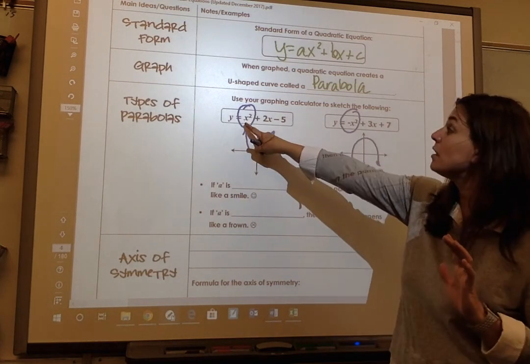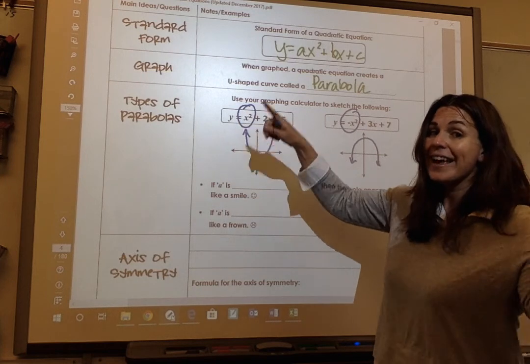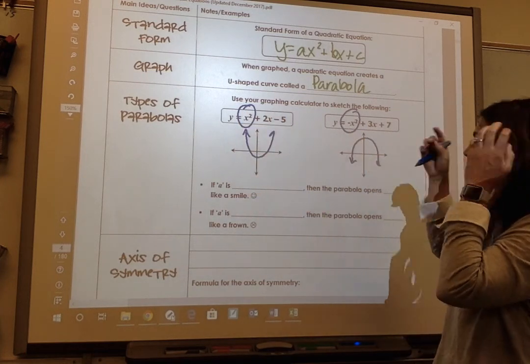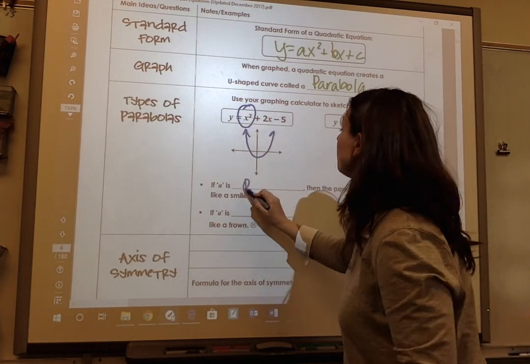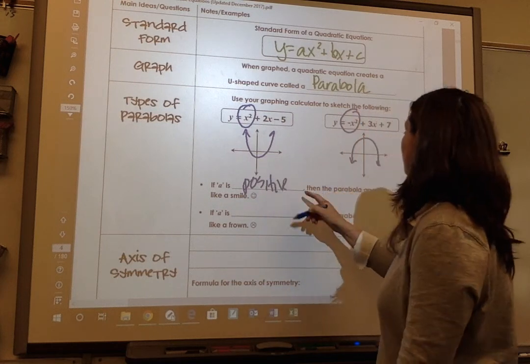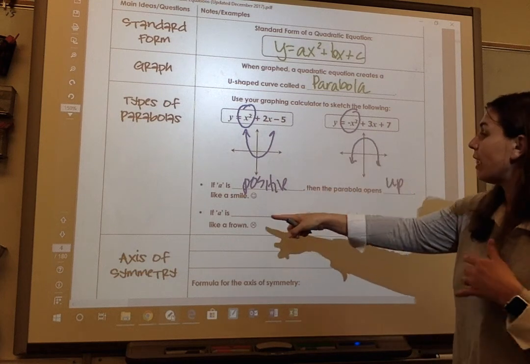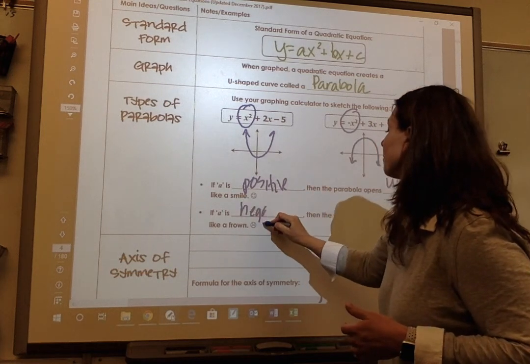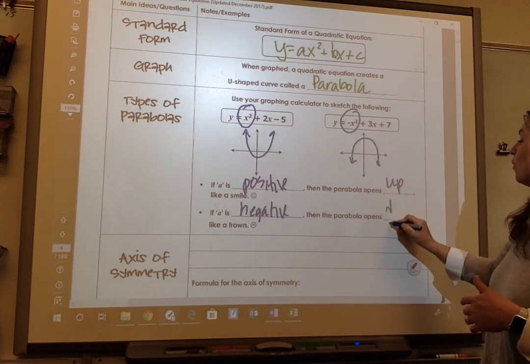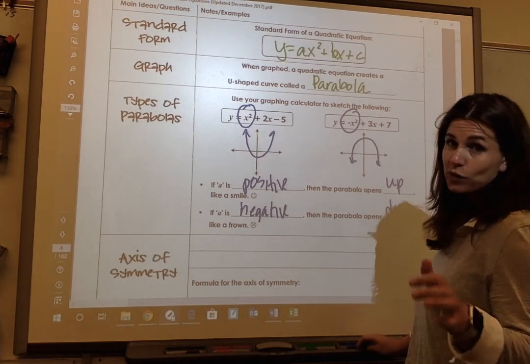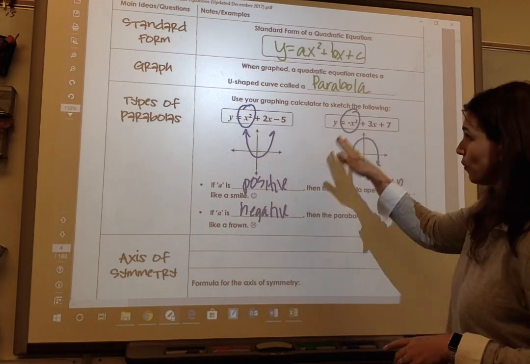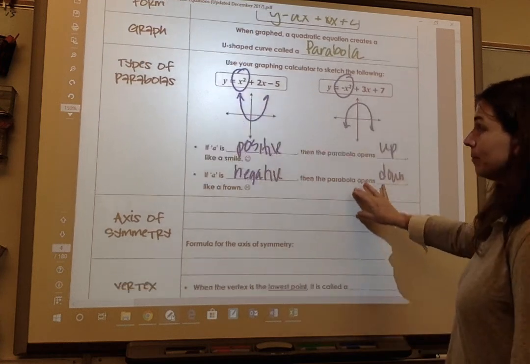So when it's a positive quadratic term coefficient, happy face. When it's negative, it's sad. So if a is positive, then the parabola opens up like a smile. And when a is negative, then the parabola opens down like a frown. So a little bit of rhyming there for you. Okay, so those are the different types of parabolas.